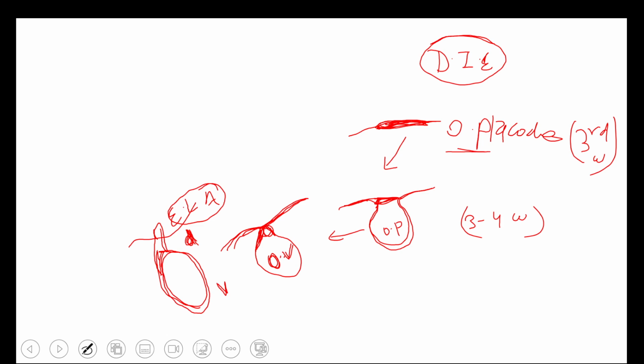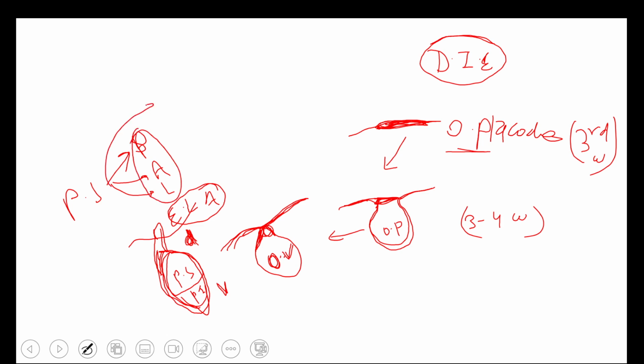These otic vesicles will form the expanded pars superior and the tapering pars inferior. The pars superior will differentiate to form the semicircular canals, that is posterior, anterior and lateral, along with the formation of the utricle and the saccule.